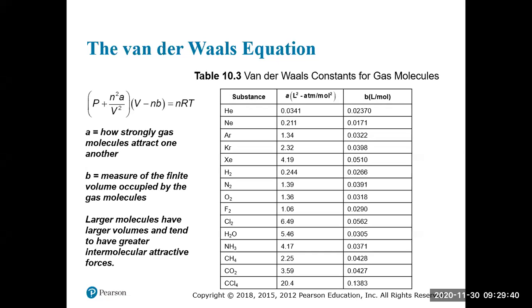As you would think, larger molecules have larger volumes and tend to have greater intermolecular attractive forces. The table here has some of these constant values for a few gases. You would use those values and plug them into that equation for the a and b terms to get a more accurate calculation than the standard ideal gas law.